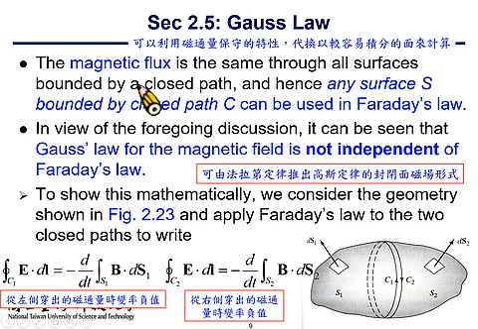C1 and C2 are in fact the same contour with opposite orientation, their directions opposite to each other. And the collection of the S1 surface and S2 surface forms what? A closed surface.